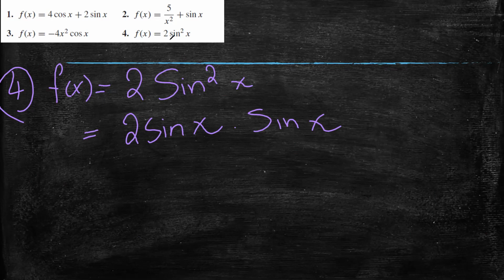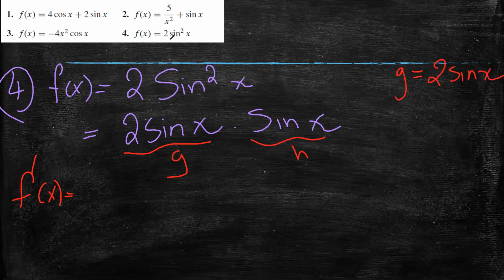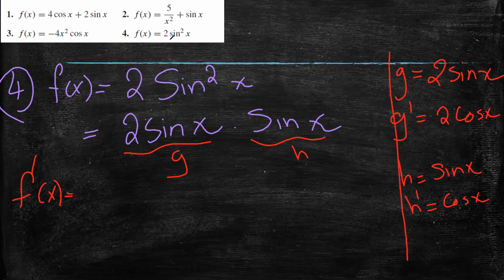Yes, teacher. So f prime of x: let's name this one g and this one h. If g is 2 sine x, g prime will be 2 cosine x. If h is sine x, h prime will be cosine x.